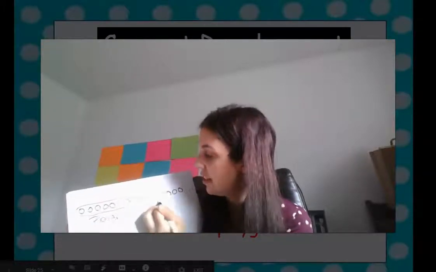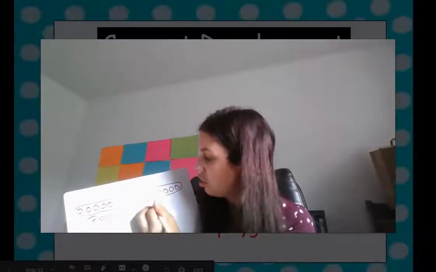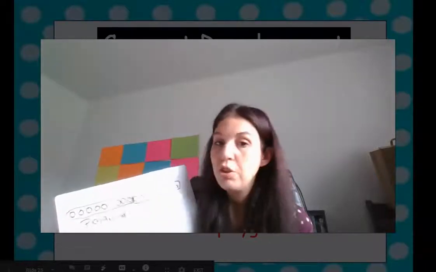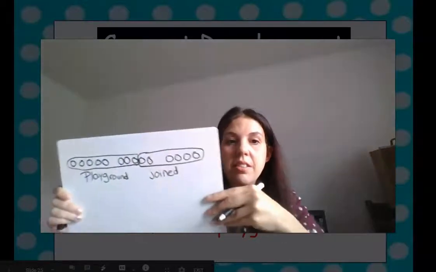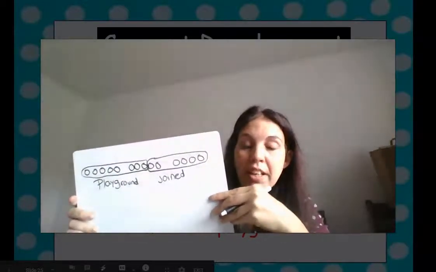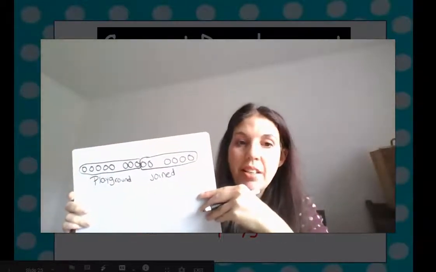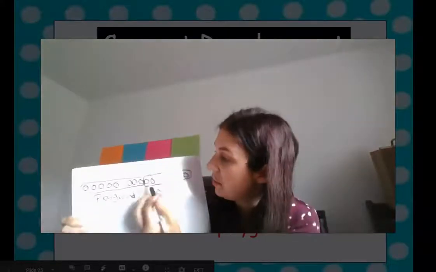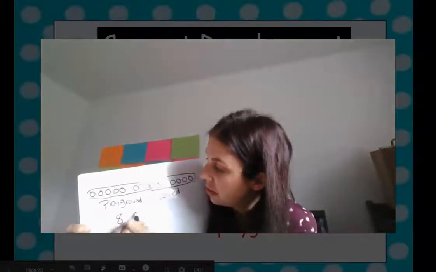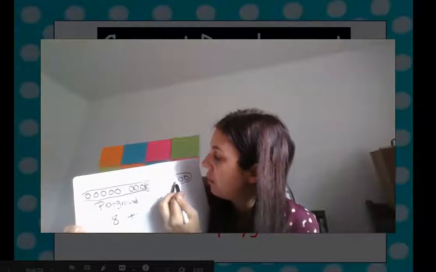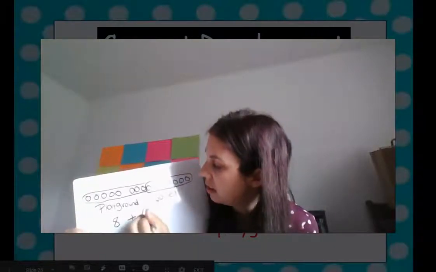So this is how many joined. So I'm going to write joined. You can kind of choose what you want to label your picture as. It just has to make sense in the word problem. And this is how many joined. So we had 8. We had 1, 2, 3, 4, 5, 6.